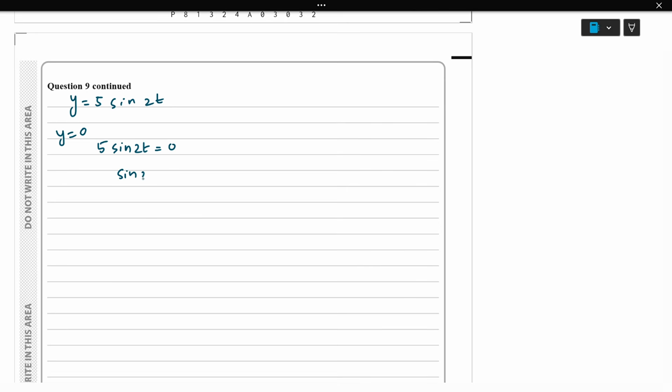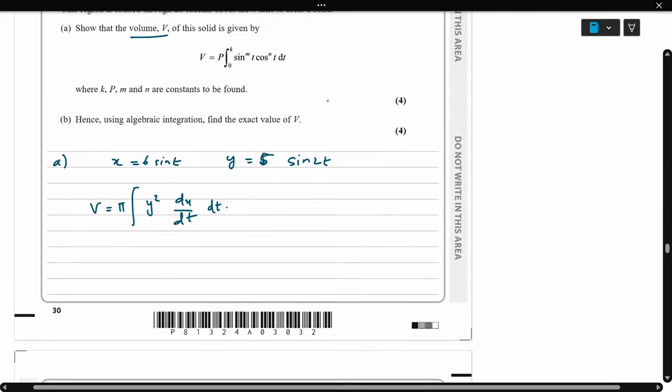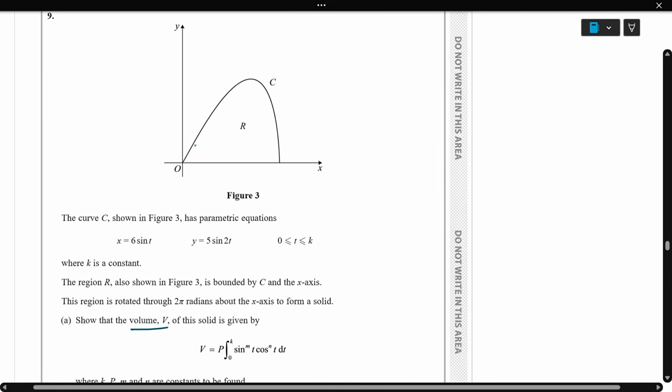So sin 2t equals 0, 2t equals sin inverse of 0. We know sin 0 equals 0, also sin 180 equals 0, and 180 degrees is pi. So 0 is already given in the question, so 0 to pi is the limit here.